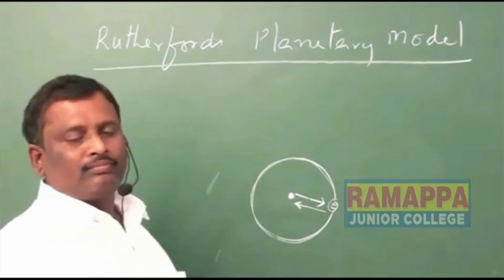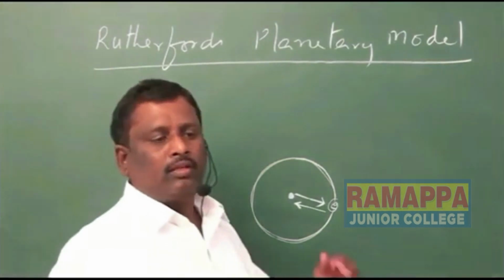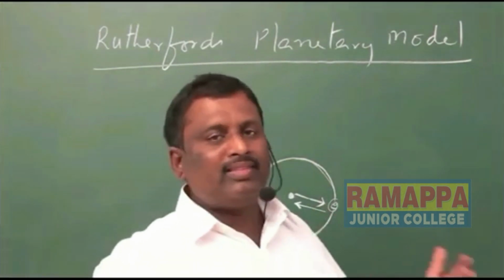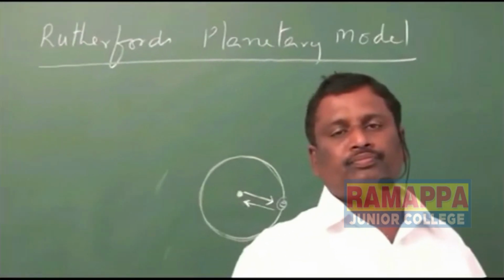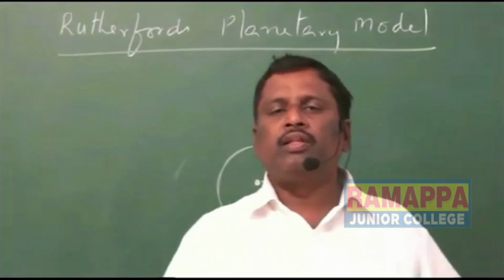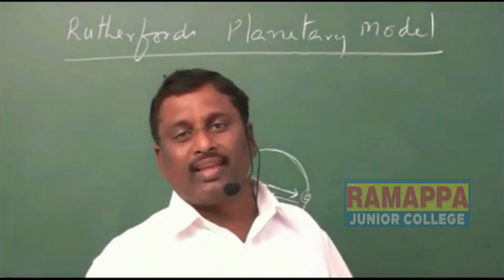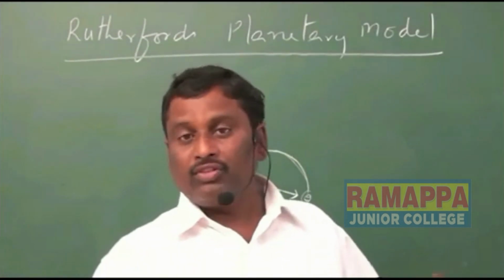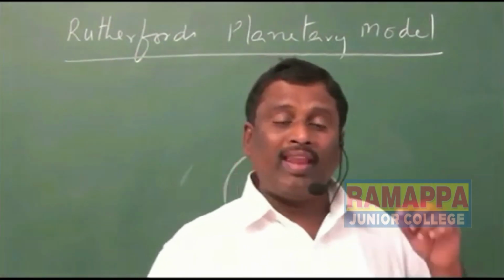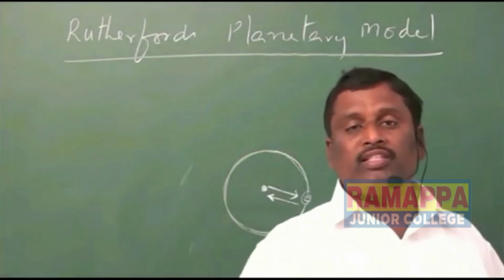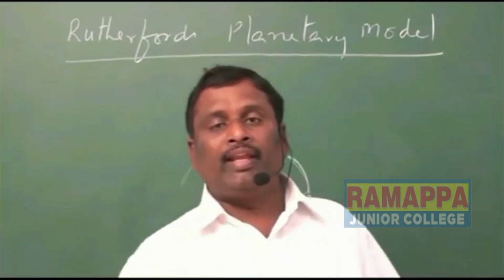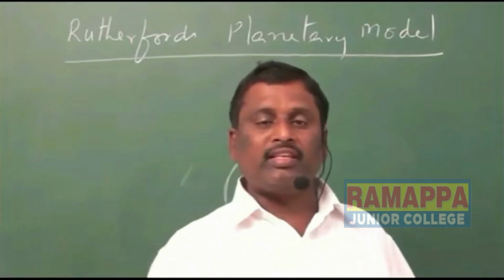At that time, almost all scientists accepted his proposal. But later, after the development of electromagnetic theories, it was found that when a charged particle is revolving around an oppositely charged particle, it continuously loses energy.